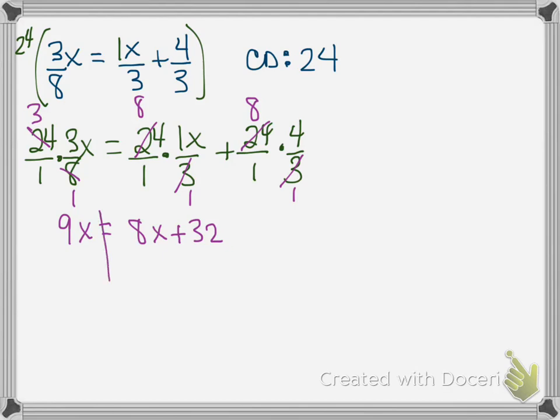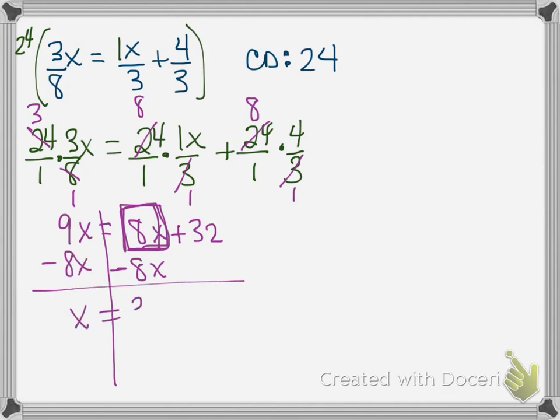We have a variable on both sides. Now, typically we want to try to move the smaller one. In this case, we absolutely have to move this one because we want to get all the variables together. If I move the 9x, I end up with 0. I don't want that. So I'm going to minus 8x from both sides. x equals 32.